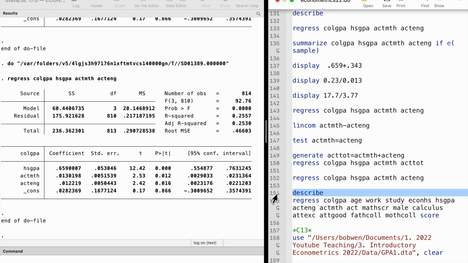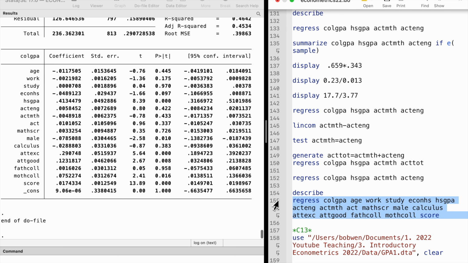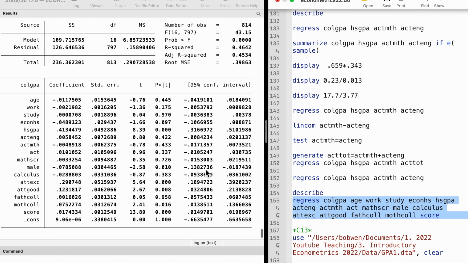We can give it a try using all the available variables in the dataset. We describe the dataset and find 16 possible explanatory variables. If we use them all in the model, the R-squared is 0.4642. It is still below 50%.